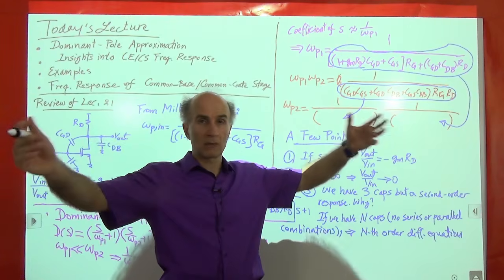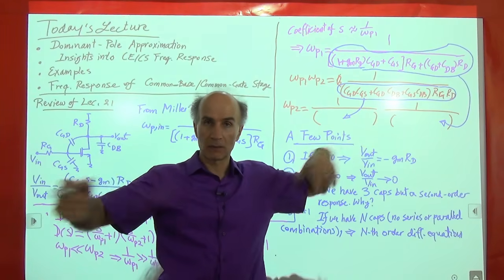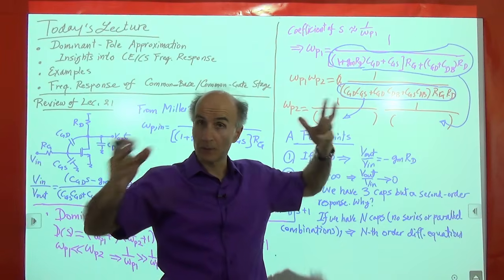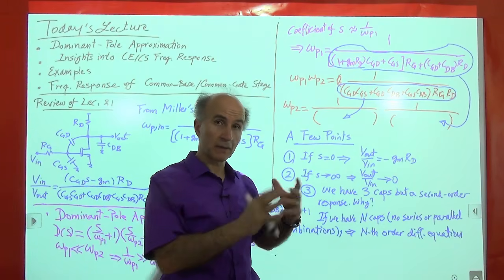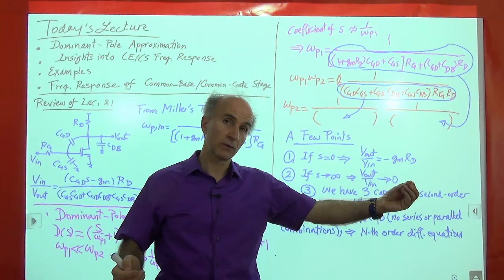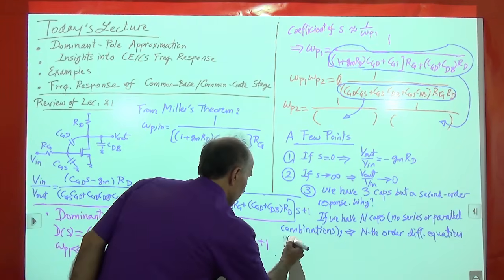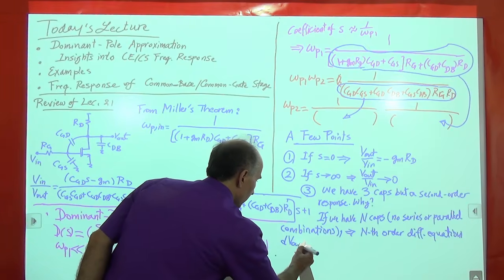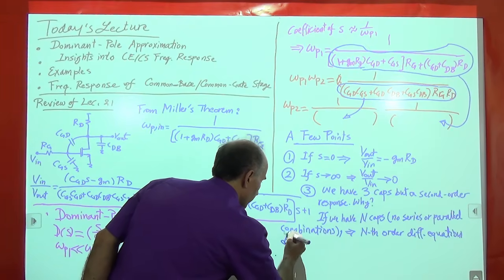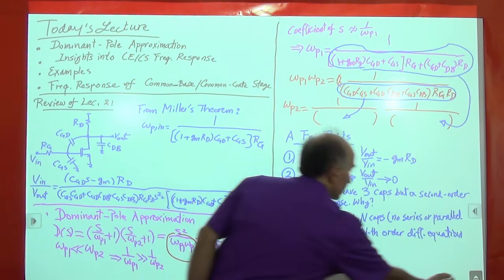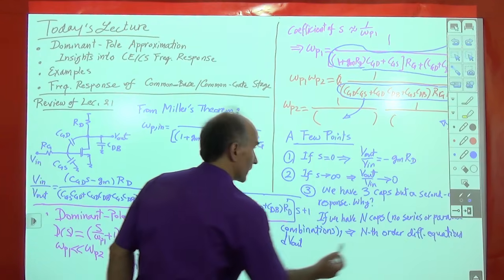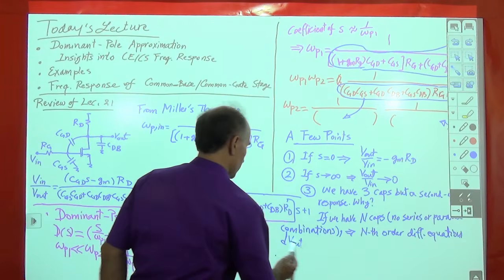You have this big RC circuit, lots of R's and C's and maybe dependent sources and so on. We write the differential equation for V out as a function of time. And what you would see is something like this, right? So V out, let's erase this.